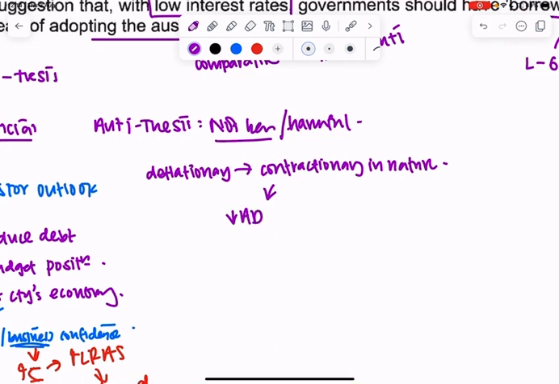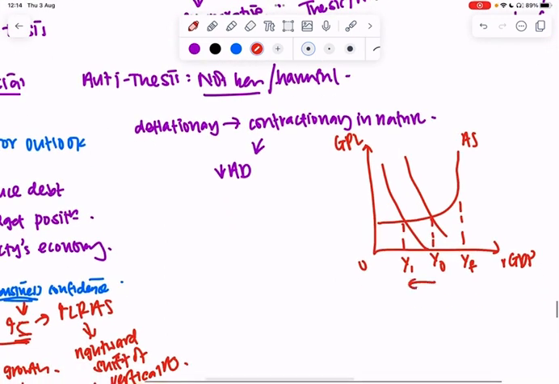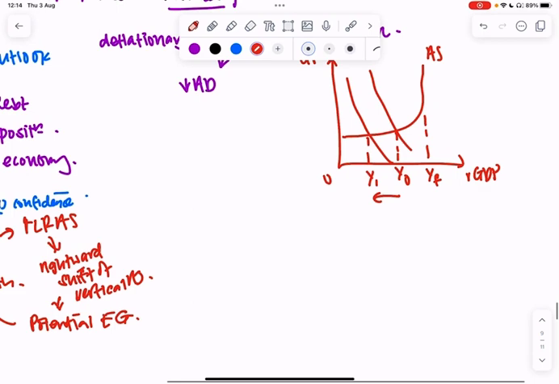And when I draw the AD-AS diagram, I have YF here, AS. When I have a fall in AD, assuming there was no multiplier effect, you see that not only does the real GDP of my country fall, so actually there's negative economic growth, there's also an increase in demand deficient unemployment.